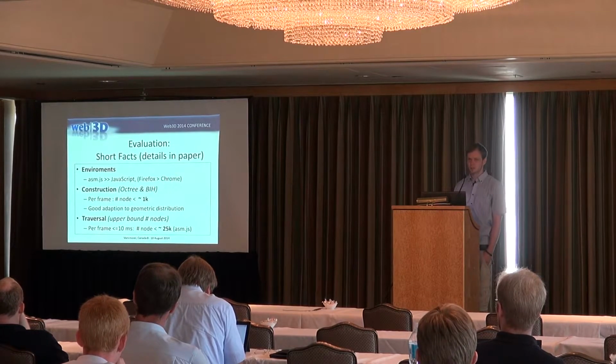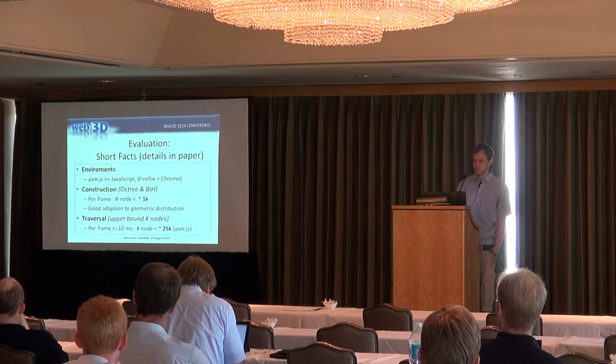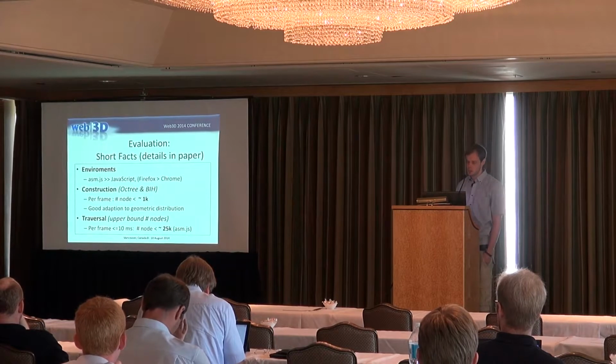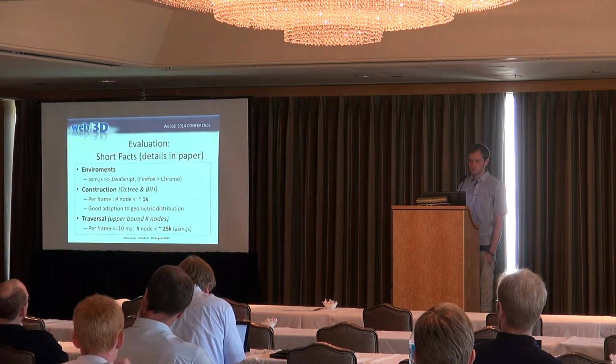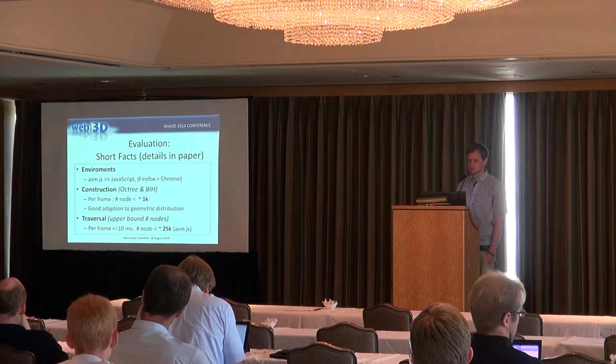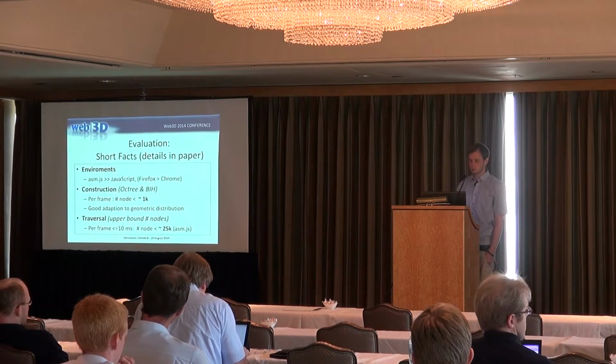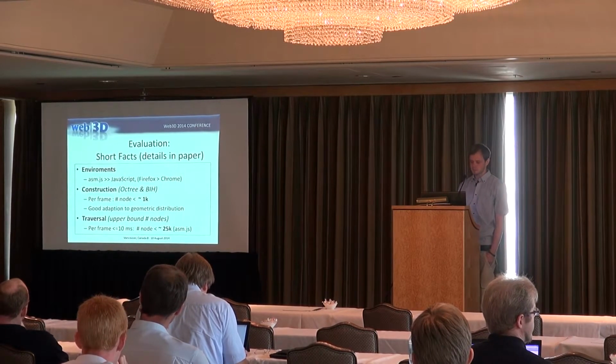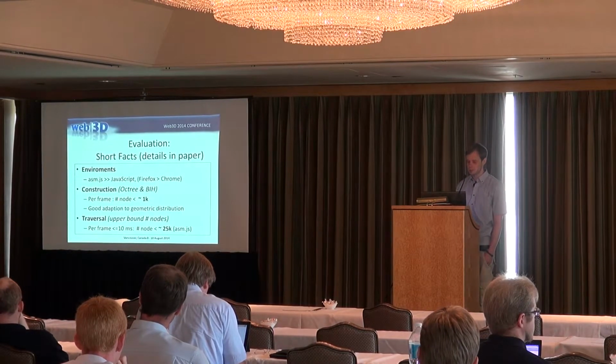Considering the construction, we were looking at the possibility to reconstruct the data structures on a per frame basis, but this was only possible up to a node count of 1,000, which simply was not enough. Both data structures showed a good adaptation to the geometric distribution.